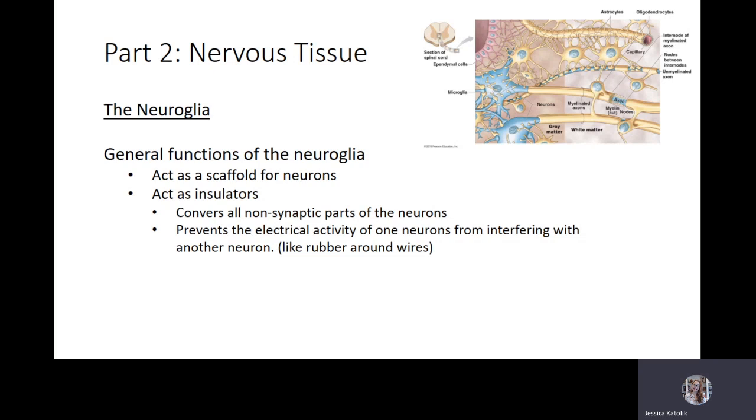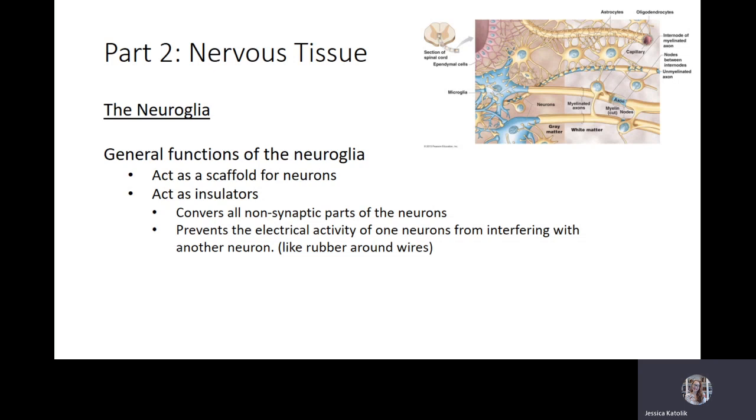I tried to unplug it, and it turned out that the electrical current jumped from the wire into myself, into my muscles, and I got electrocuted. That was not fun. So insulation is a really important thing when it comes to wires and when it comes to the nervous system. So that's a silly story.